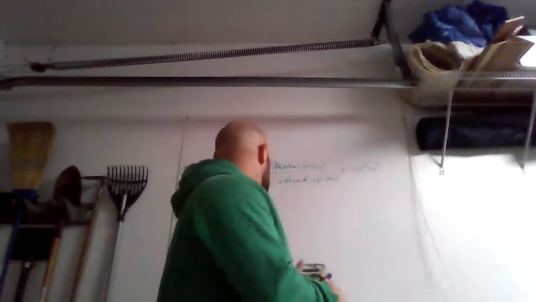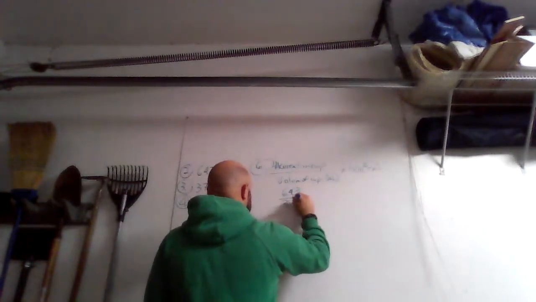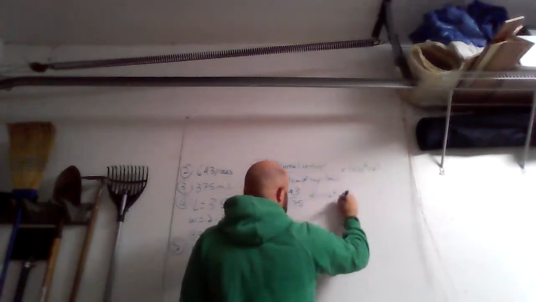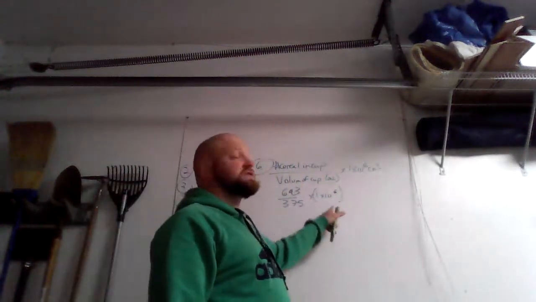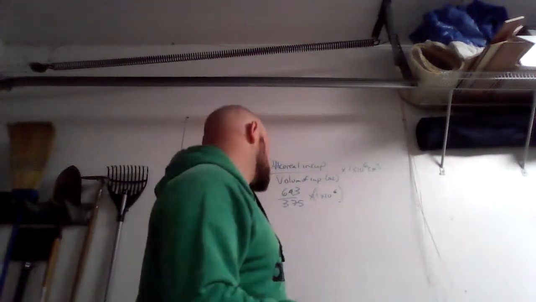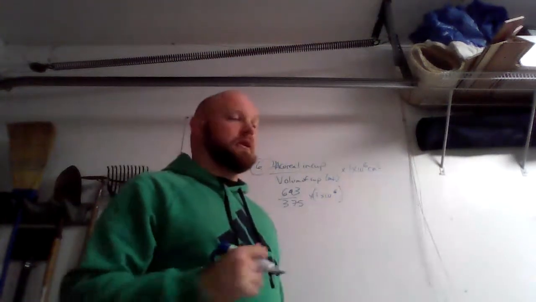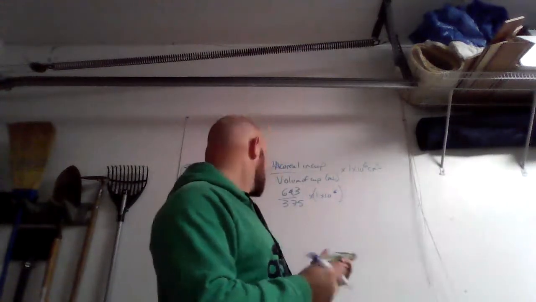Okay? So for me, I'm going to do 643 over 375 times 1 times 10 to the 6th. Remember, some of you need to use parentheses on your calculators to make it work, or you might need to use parentheses in your phone or internet calculator, whatever you're using. I'm not going to worry too much about the numbers because your numbers should not match mine, because that would be very freakishly weird.